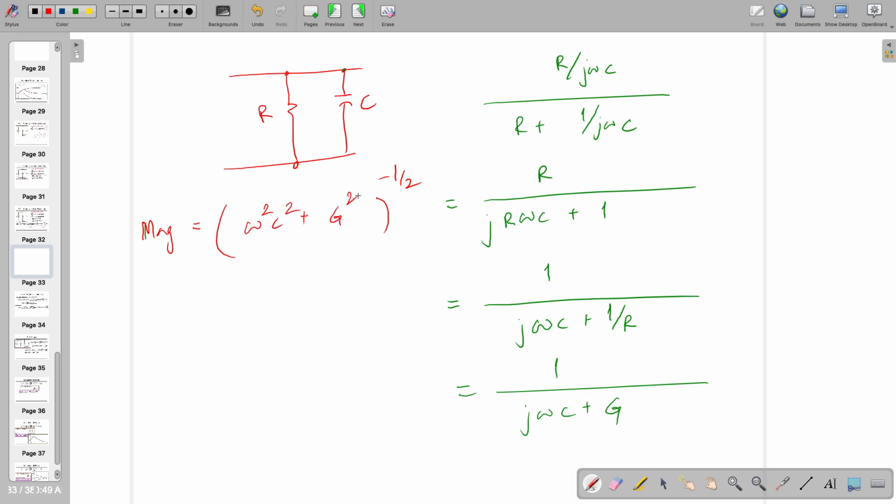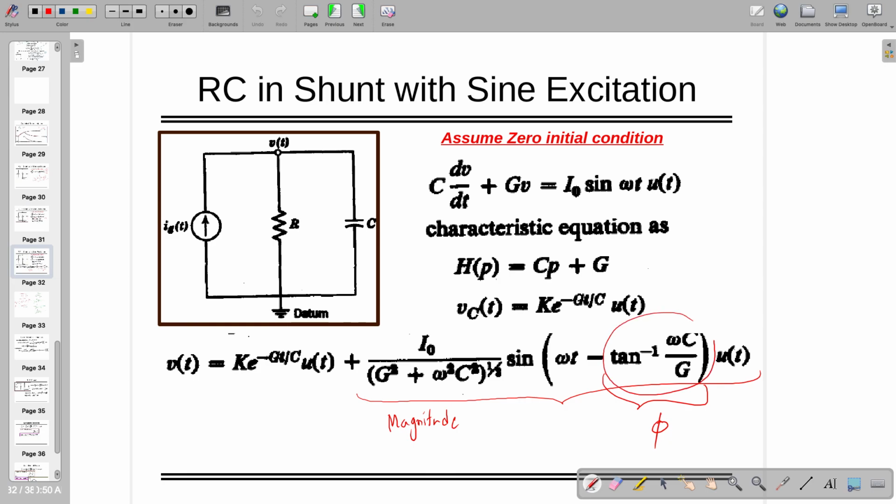Yeah. What about the phase? Minus tan inverse. Very good. Okay. Can you see the same thing? It's minus 1 by 2. I am keeping here plus 1 by 2. This was the impedance function, right? So it has to be multiplied by the current to get the voltage, right? So that is what you are going to get in the particular integral. But you can solve using your technique also. You will get the same answer, right? Through complex numbers also you can find it.